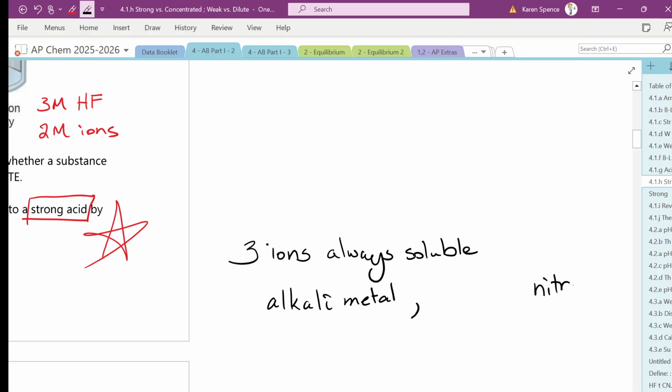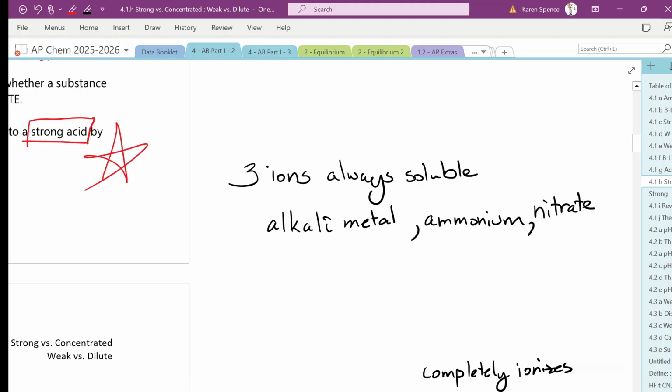Nitrate. Oh, nitrate. Who's the other one? Ammonium. Now, what I just thought of is you've got Al, Am, NO3, which sounds like LMNOP. LMNO3.